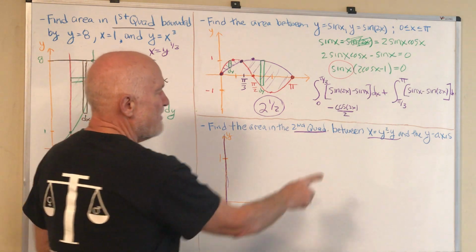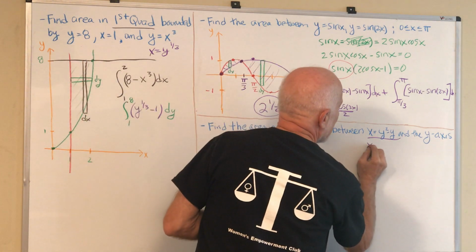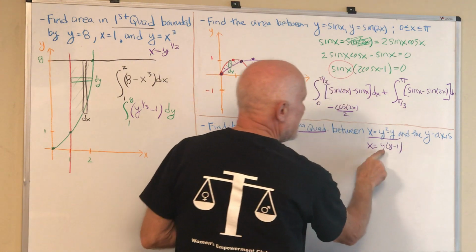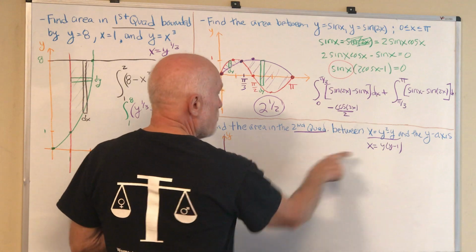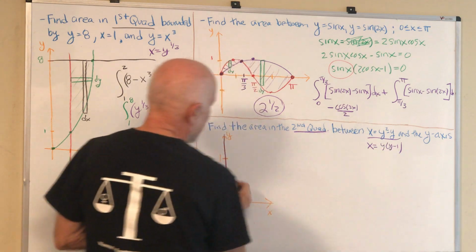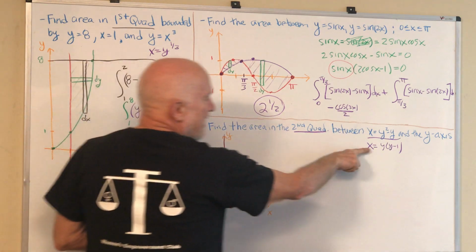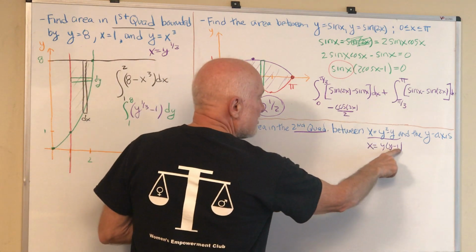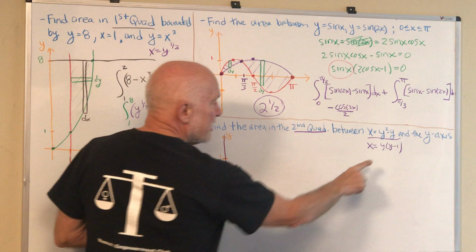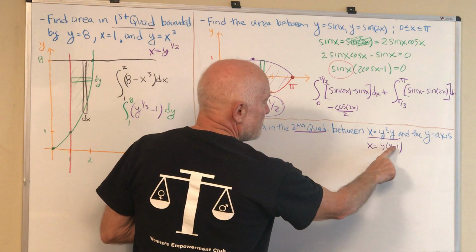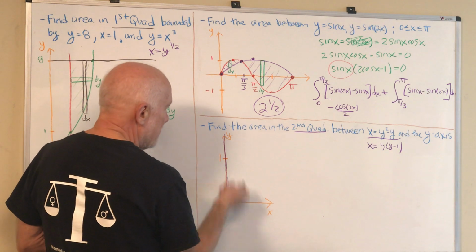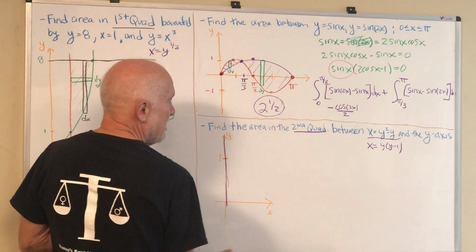Now, if I factor this, I see when y is greater than 1, x is going to be positive. When y is less than 0, you get a negative times a negative, or a positive. So it's positive down here and positive up here.